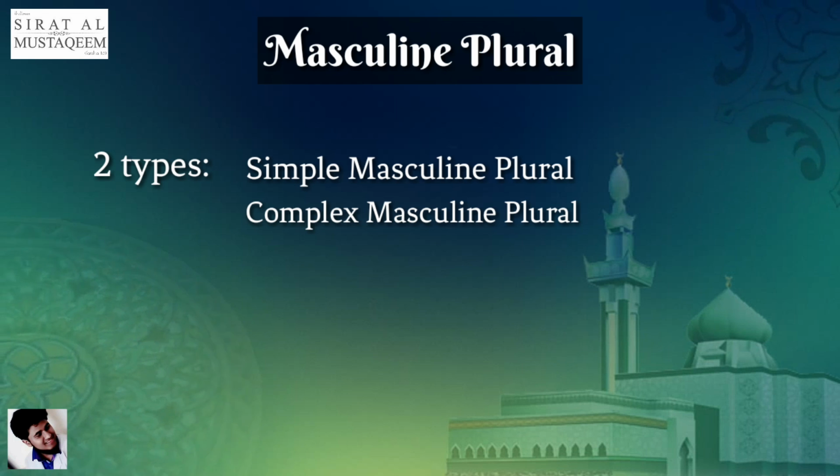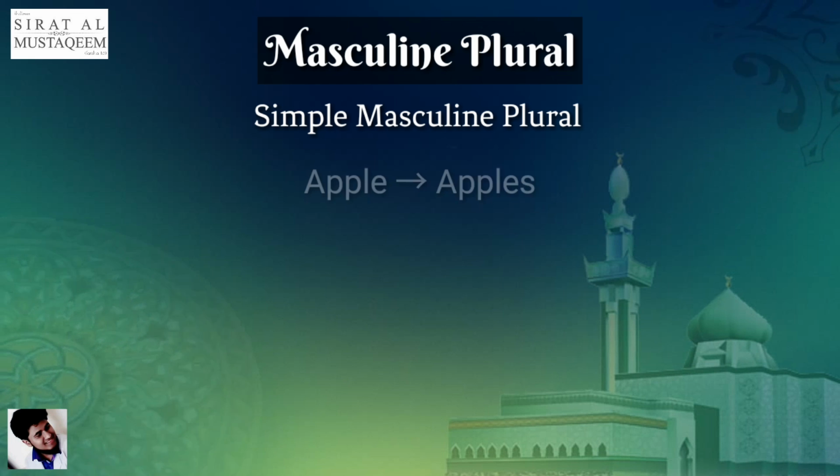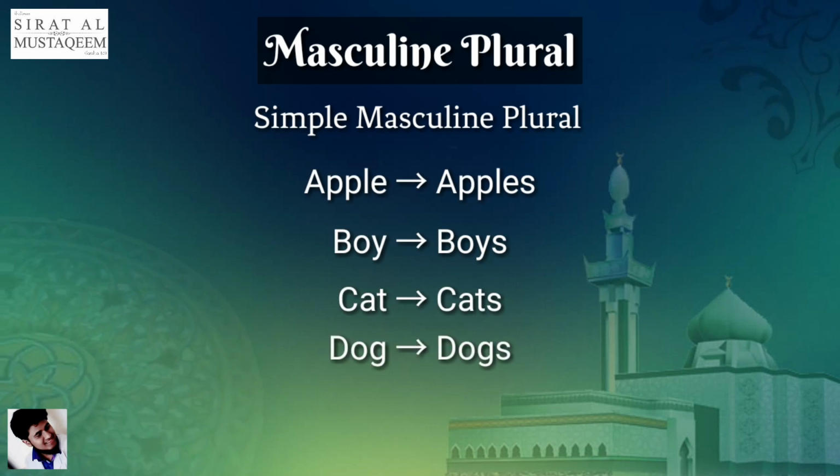Now in English as well, we have simple plural and complex plural, but we just don't study it in our grammar books. I think we don't study it, at least I didn't. Simple plural is apple, apples, boy, boys, cat, cats, dog, dogs. Just add s at the end and it's magically turned into plural.